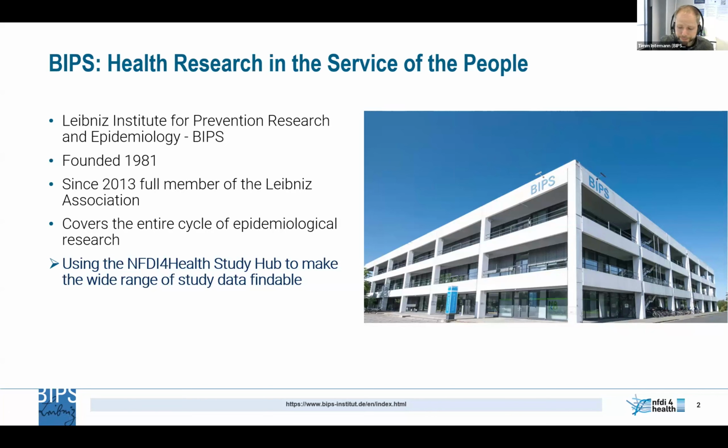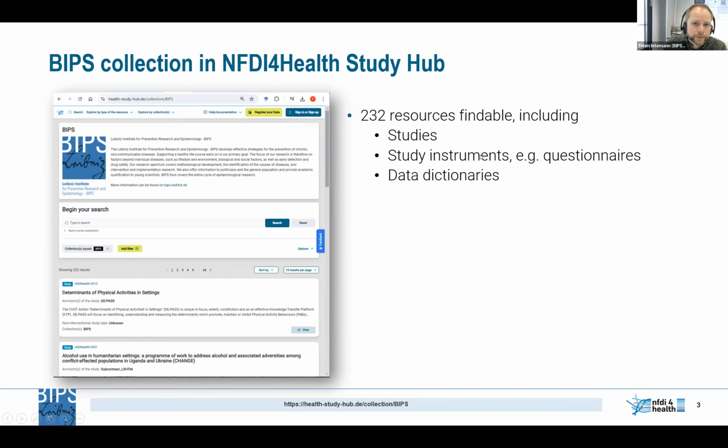Our data is very diverse, with a wide range of different study data, and we decided to make it available and findable using the NFDI4Health Study Hub. So if you go to the NFDI4Health Study Hub, you will find a BIPS collection. Now we have there more than 200 different resources on this Study Hub. They are findable.